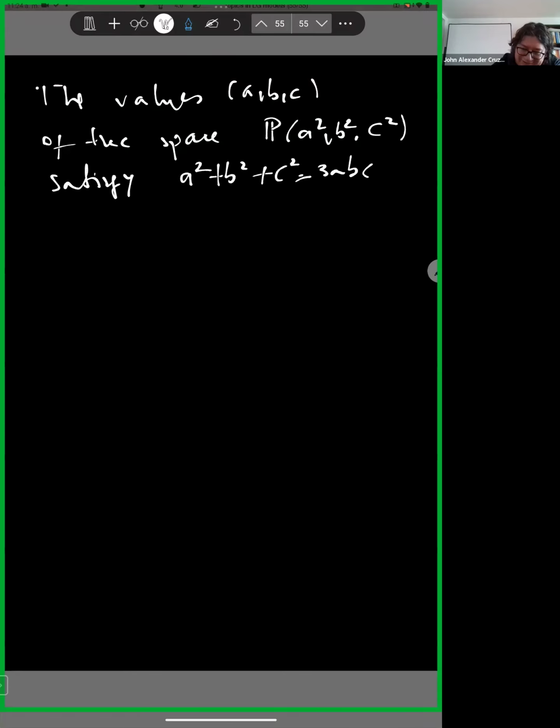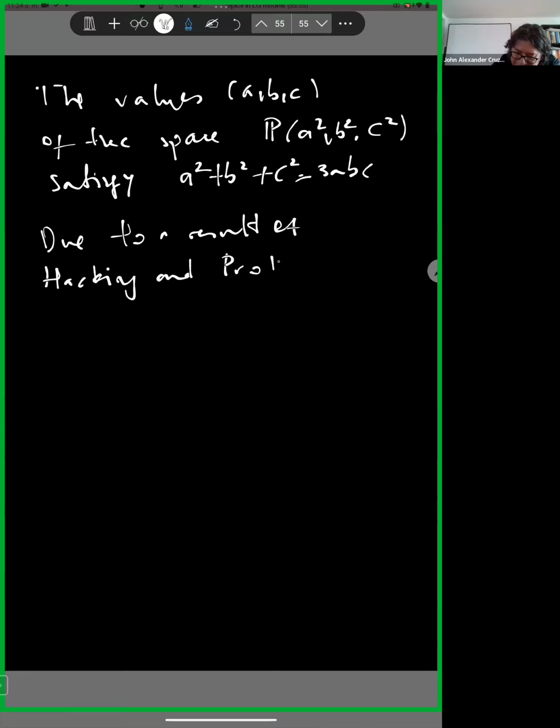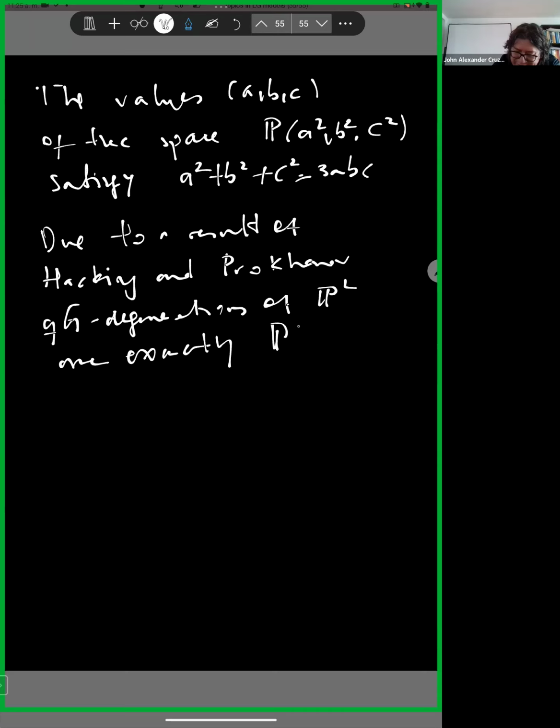And actually this is due to a result of Hacking: the Q-Gorenstein degenerations of P2 are exactly these P(a squared, b squared, c squared).